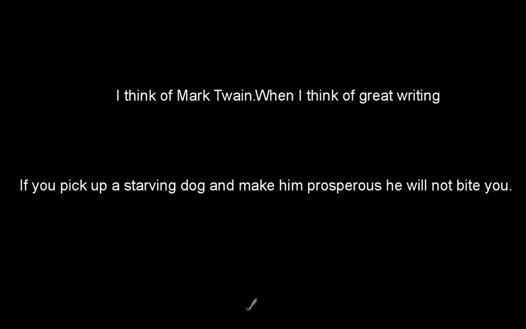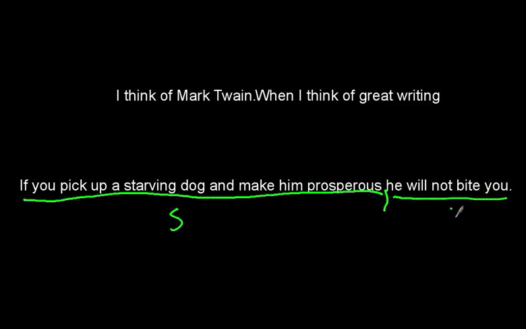So take a moment, see if you can figure it out. Okay, if you're able to say, well, this, if you pick up a starving dog and make him prosperous, that's a subordinating clause, well, then you would be right, and you would know, aha, the comma goes right there. Subordinating first, independent second.